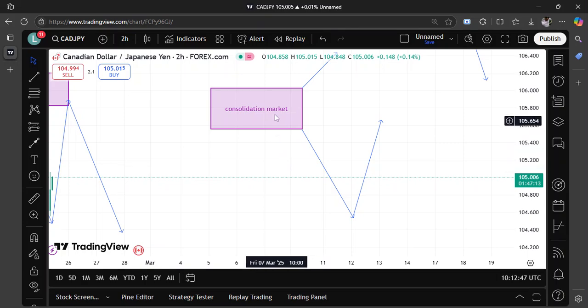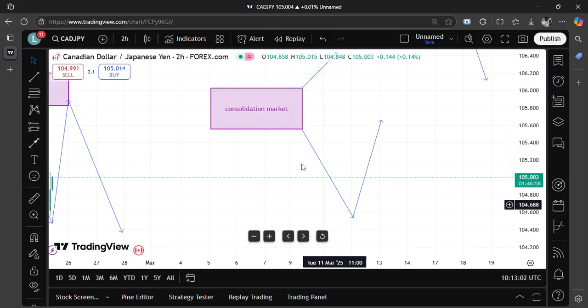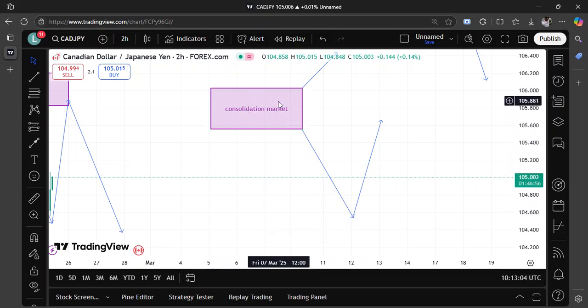I repeat, if this market is consolidating, yes, it's important for you not to trade. But then the expansion, that first thing it does, is your opportunity. So if it expands downwards, this area of consolidation is a sell opportunity. Like I said, consolidations are used as advanced support and resistance. Later on, I'll be explaining what is really inside that consolidation market as we proceed.